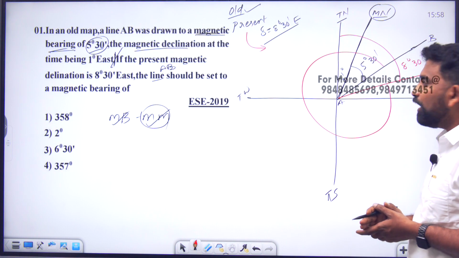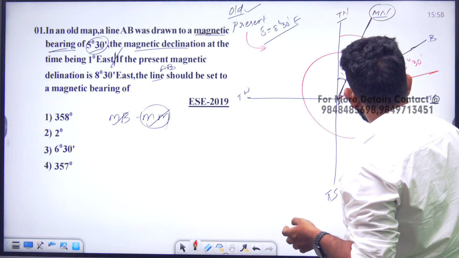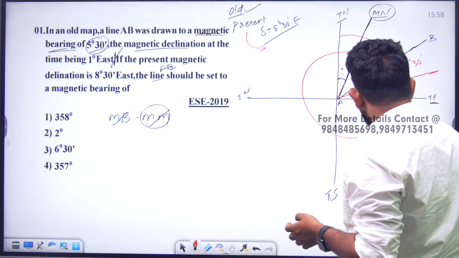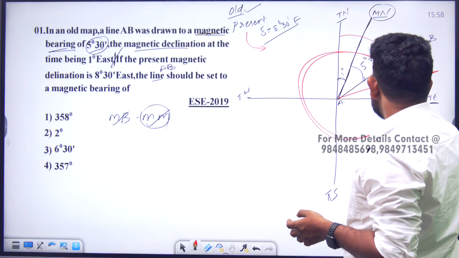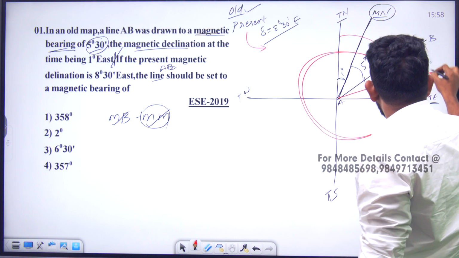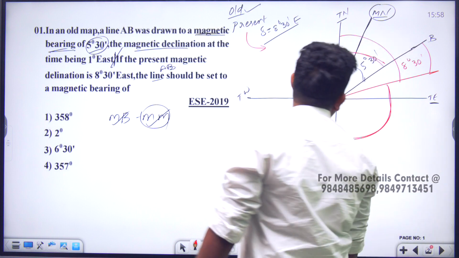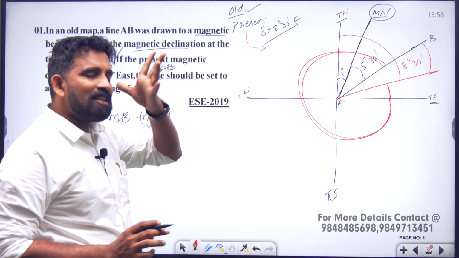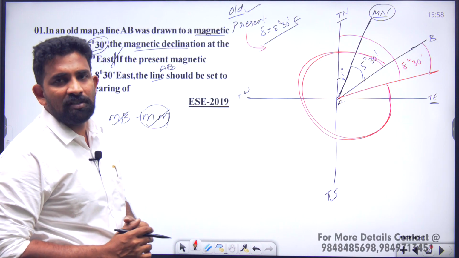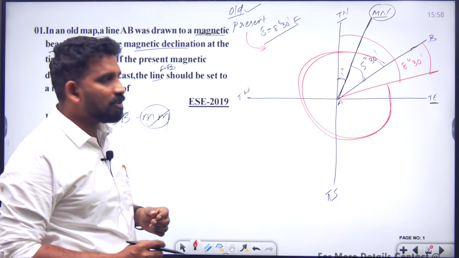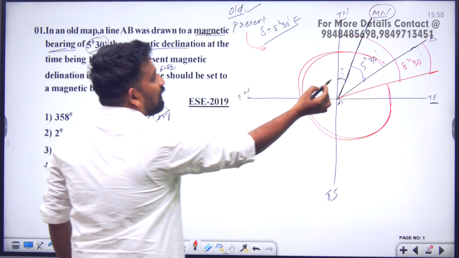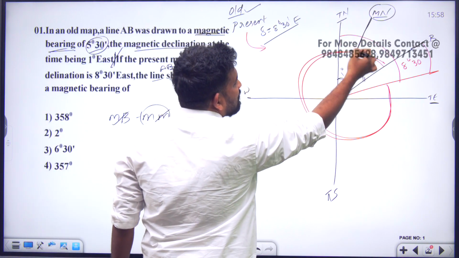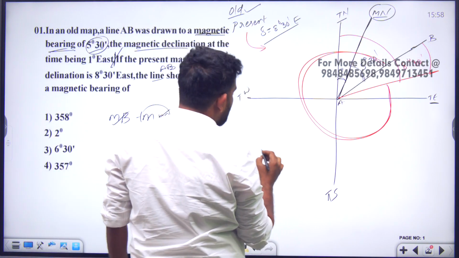Very simple. To find out this red angle, what do I need to do? I need to find out this angle, so that if I subtract it from 360, I will be able to get that angle comfortably. Without using a calculator, we will easily be able to solve such small calculations. See here, the total angle here is 6 degrees 30 minutes, right?